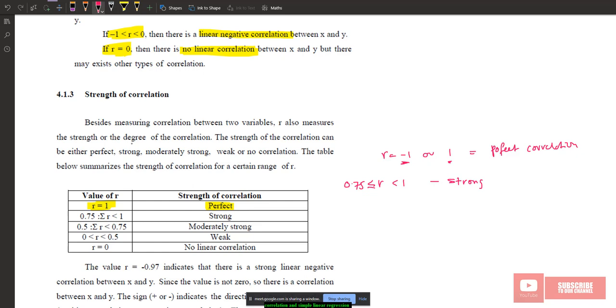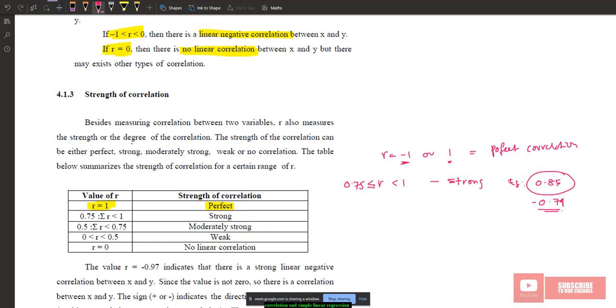When you have a positive value, let's say for example 0.85, it means that the variables have a strong positive correlation. And when you get negative, let's say 0.79, we can say that the two variables have a strong negative correlation, right?